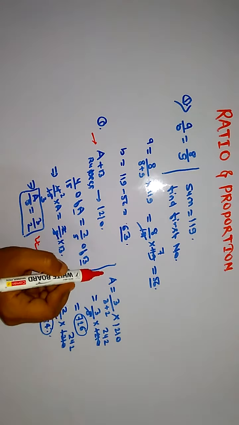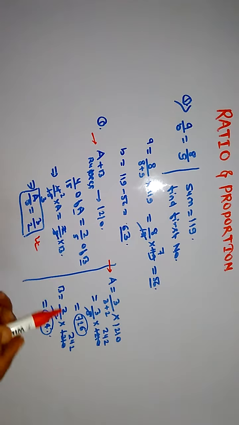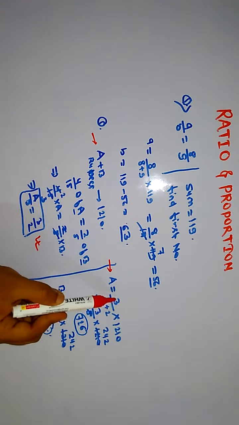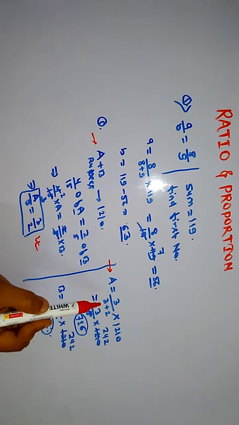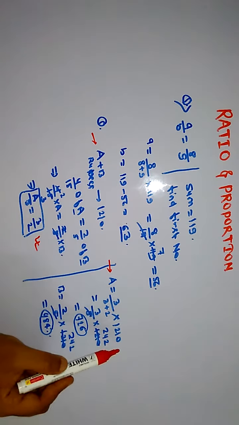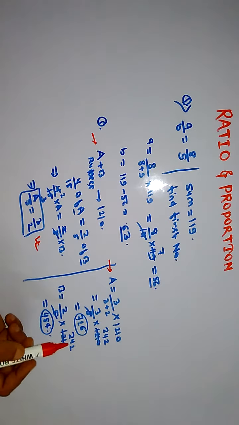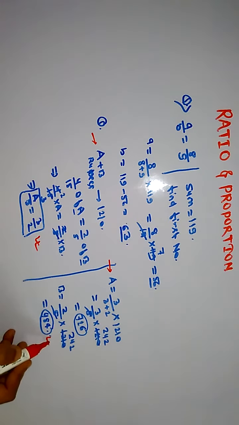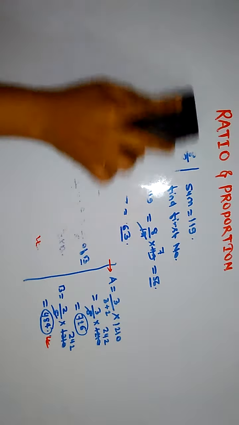The formula we learned here is that for calculating A's part it will be the first term of the ratio over the sum of the terms of the ratio, into the sum of parts. So 3 by 5 into 1210 will be 726. Similarly, in this way we can calculate the value of A and B's portions. Okay, this is clear.